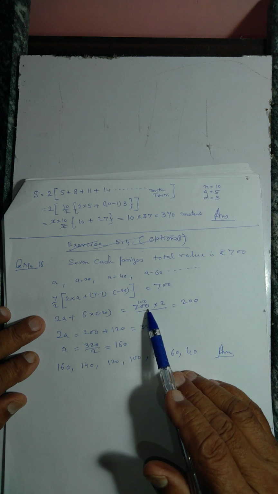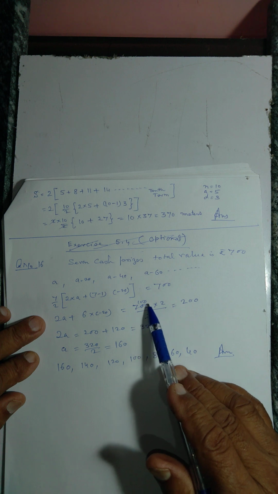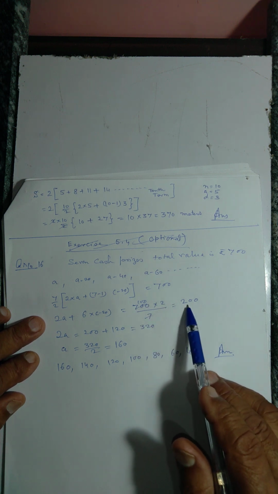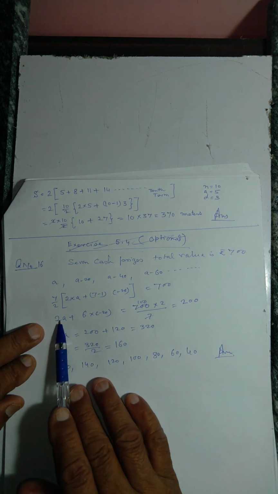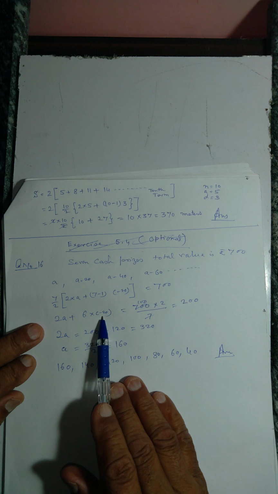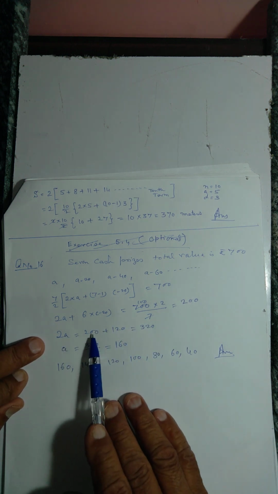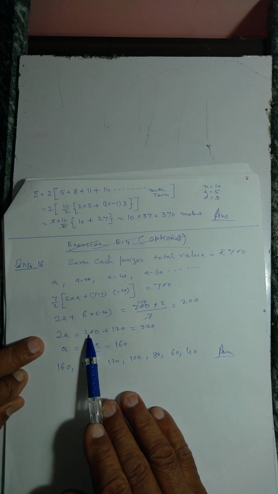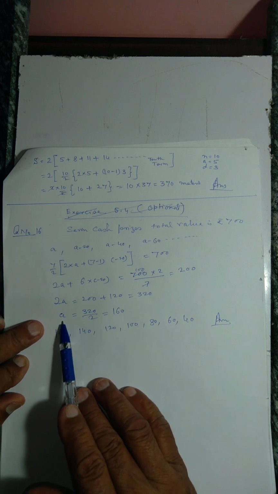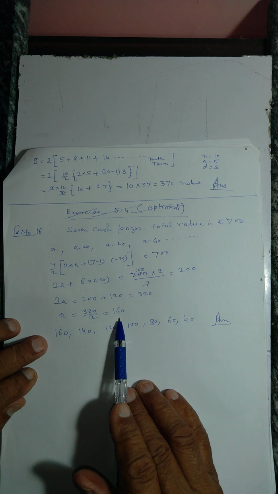So 700 × 2 divided by 7, and this 700 will be cancelled by 7, it will become 100. 100 × 2, that is 200. So 2A + 6 × (-20) will be equal to 200. So 2A will be equal to 200 + 120, that is 320. So A will be equal to 320 divided by 2, that is 160.